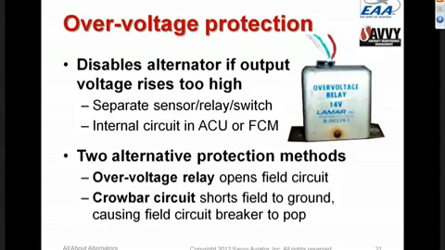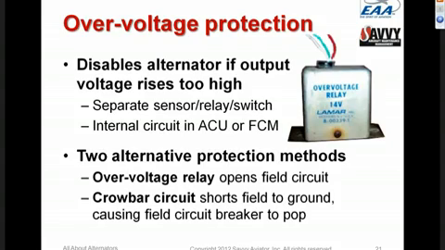The crowbar circuit, rather than opening the field circuit, shorts it to ground and causes its protective device, which is typically a circuit breaker, possibly a fuse, to open and to disable the system that way. But either way, the overvoltage protection normally will shut down the charging system quite rapidly.